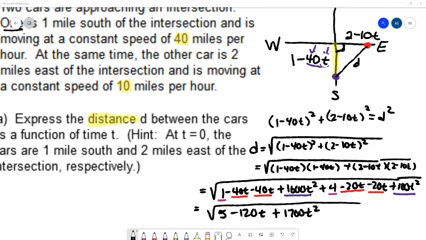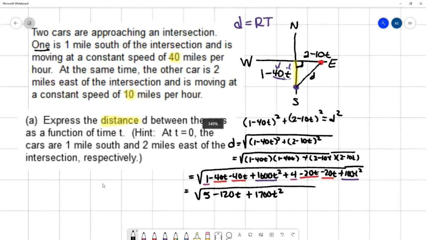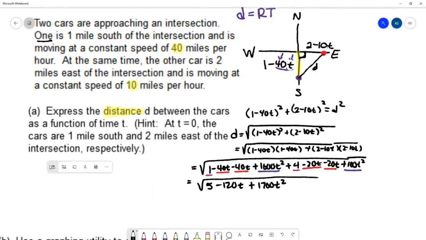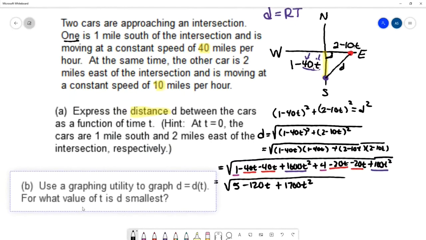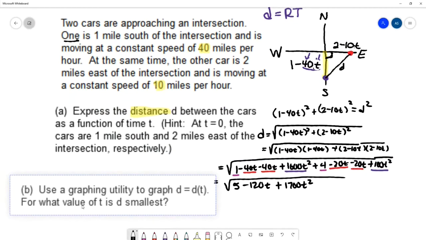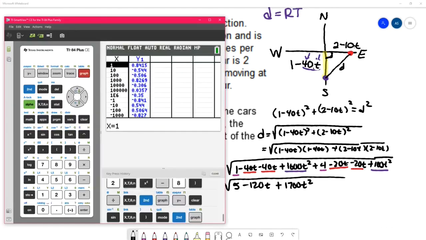Okay, so then we want to use that formula that we've created to answer this question. We want to use a graphing utility to find what value of t produces the smallest distance. So we're going to use our TI graphing calculator.